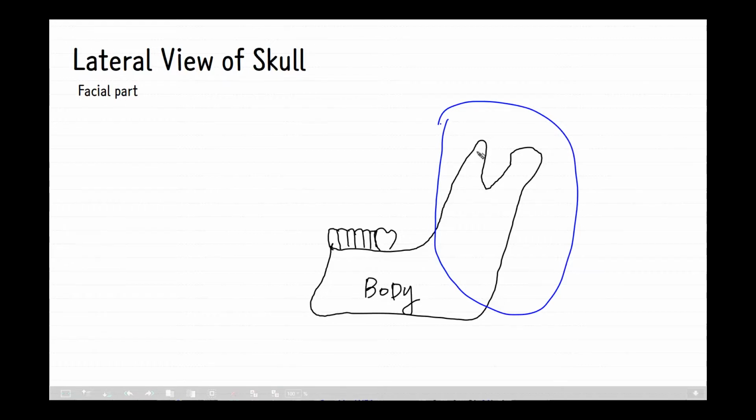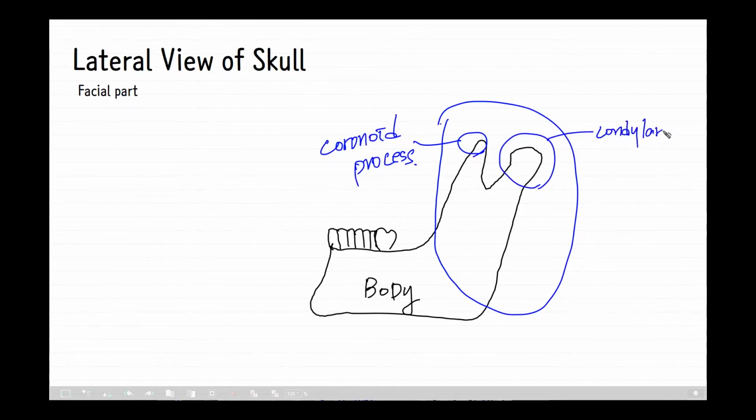One is the coronoid process here, and the other is the condylar or condyloid process here, separated by the mandibular notch. This is the mandibular notch.